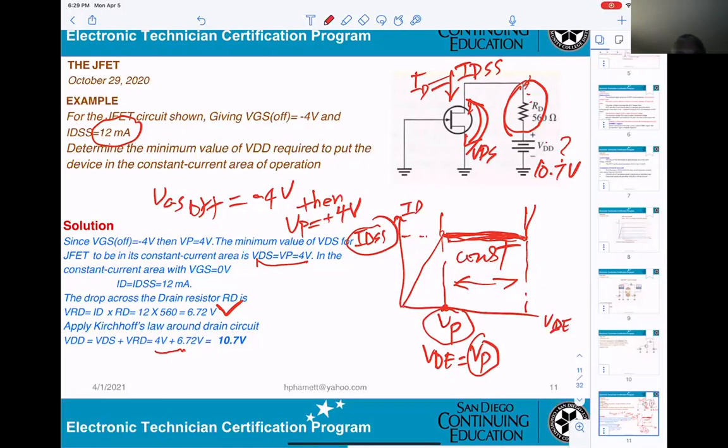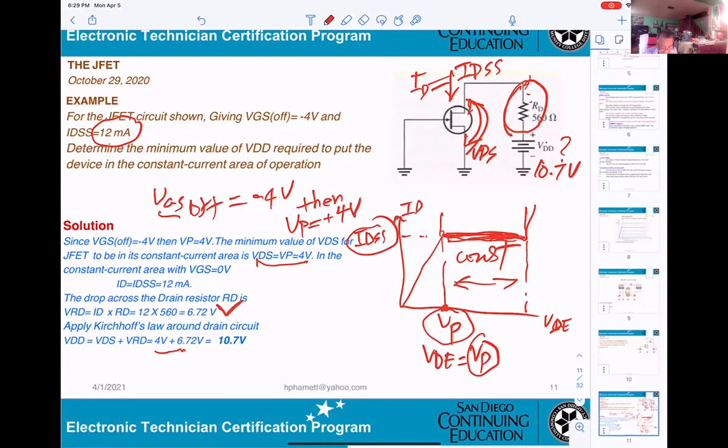Mr. Pham, where do you get the E from? Are you thinking about bipolar or something? We only have drain, source, and gate. So where do you get the letter E from, like VDE? What is the E? Oh, so where you wrote VDE, you meant to write VGS.